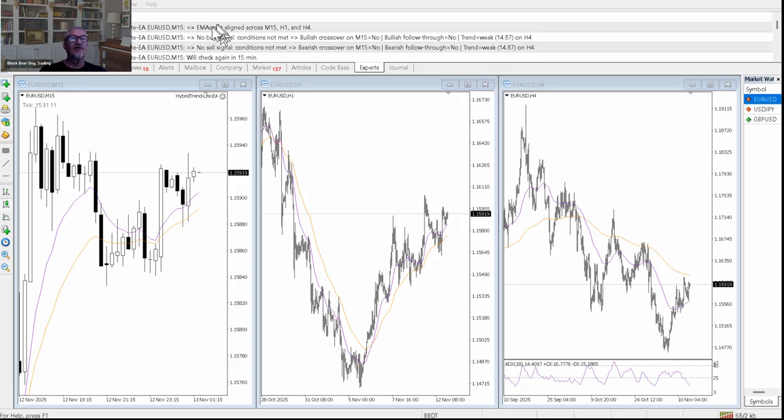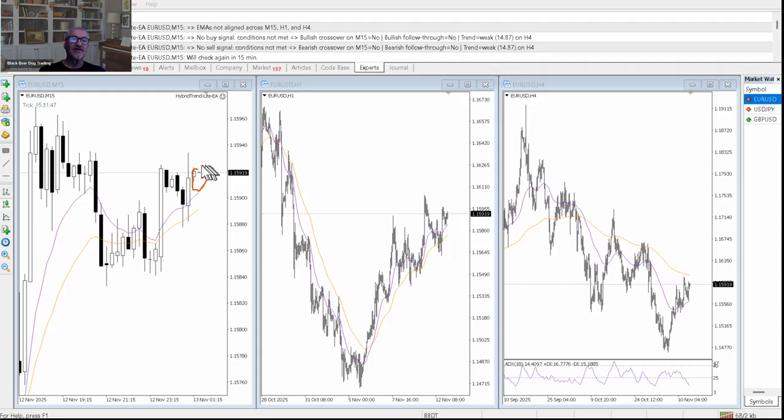So here you go. It went through, and again, now we have no follow through of the bullish direction, and again, trend hasn't changed. No buy signal, EMAs are still not aligned, and no crossover, and again, no follow through of bullish. And you can now clearly see that for yourself.